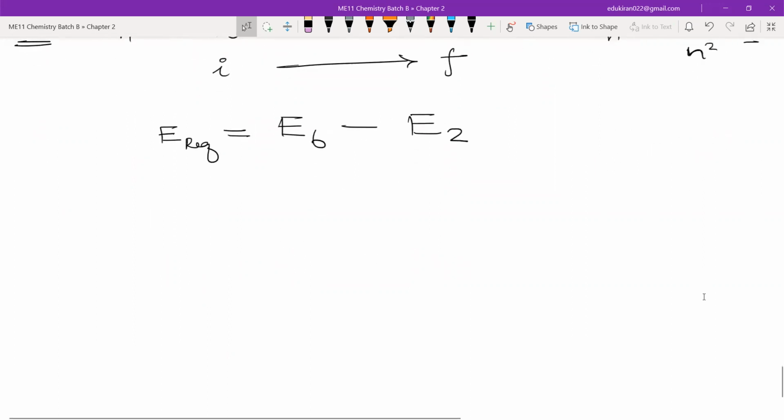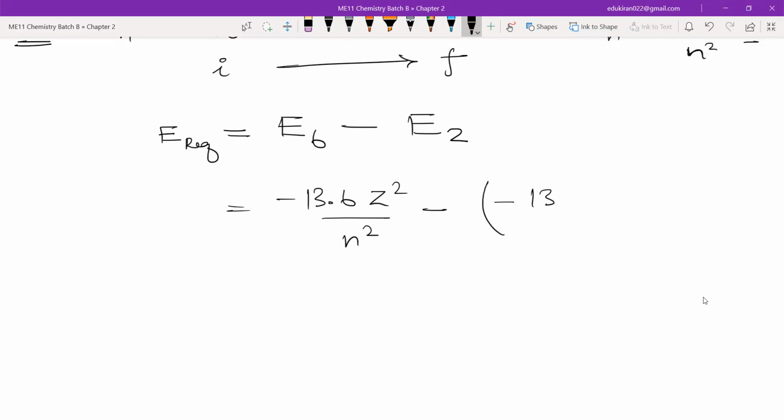How will you do this? Write like this: for E6, it is minus 13.6 Z square upon n square, minus 13.6 Z square upon n square. Whatever you get will be in terms of electron volts.